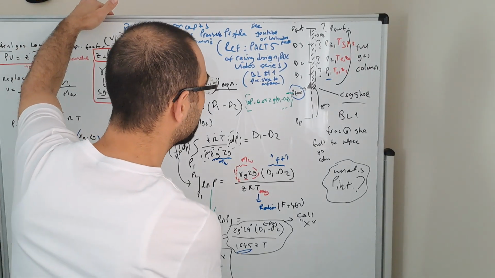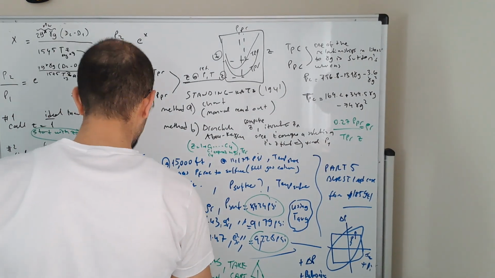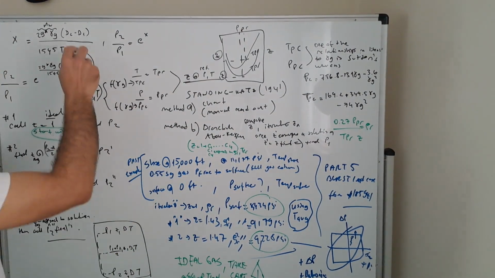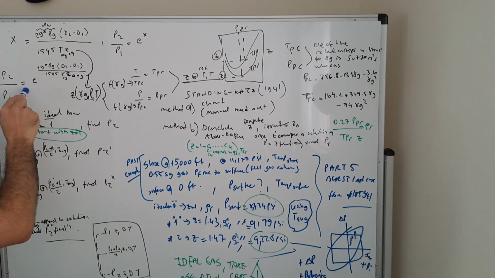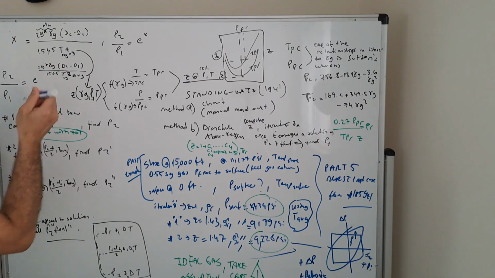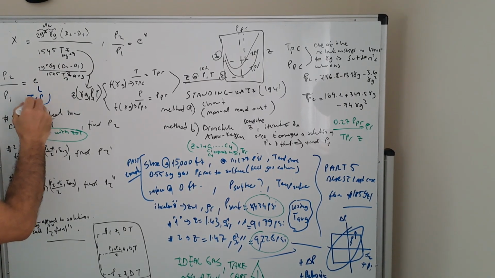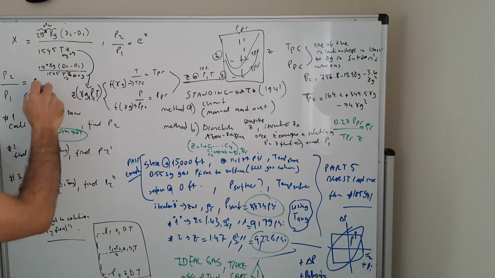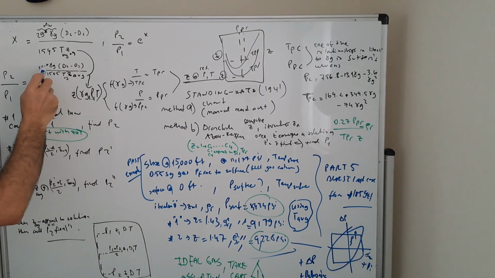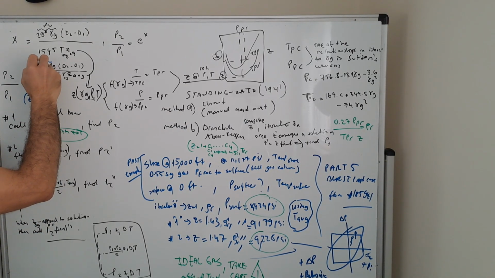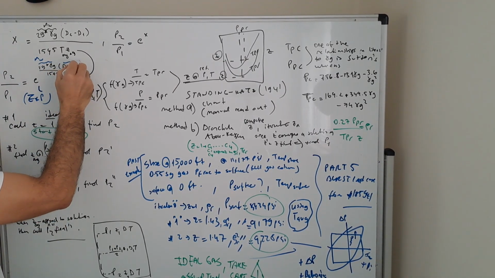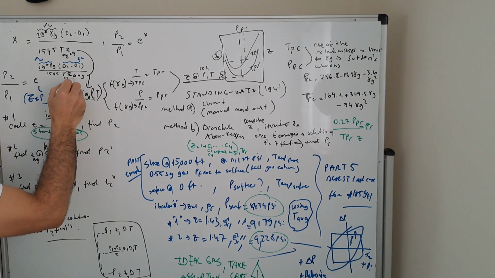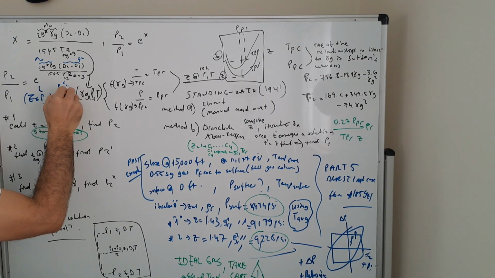Okay, so let's go to the second page. I called the top part x, if you remember on the first page, and P2 over P1 is e, or in Excel, exponential of 29 times the specific gravity of the gas, this is molecular weight, and then D2 minus D1 is the head difference in feet, and then you have Z, a dimensionless number, and T average in Rankine.